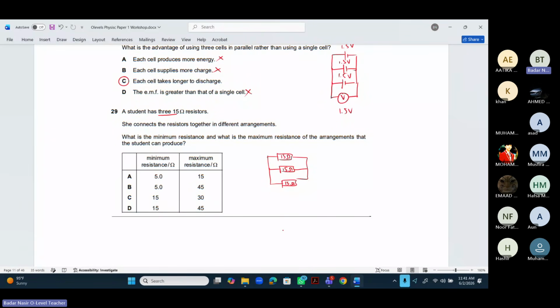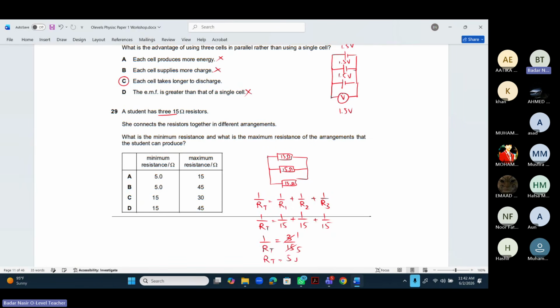So if you have to calculate their combined resistance, 1 over R1 plus 1 over R2 plus 1 over R3. So 1 over RT equals 1 over 15 plus 1 over 15 plus 1 over 15. Yeah, I got 3 by 15. And at the end, please don't forget to take the reciprocal.